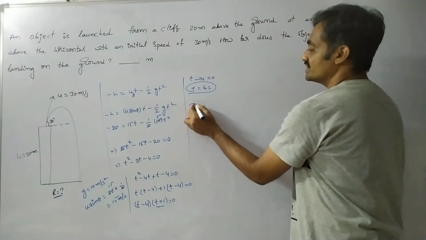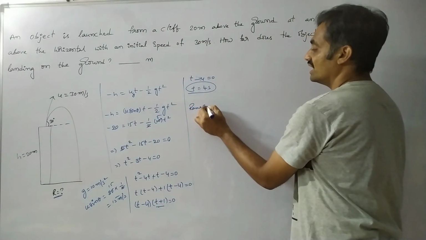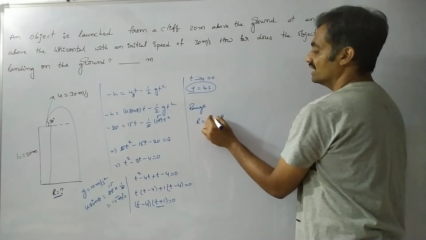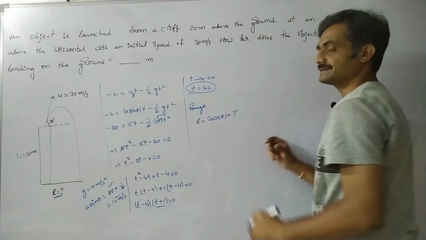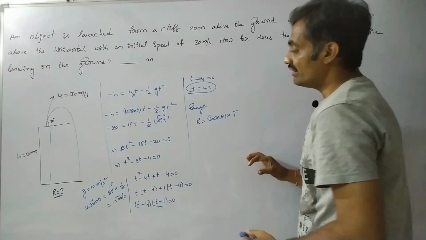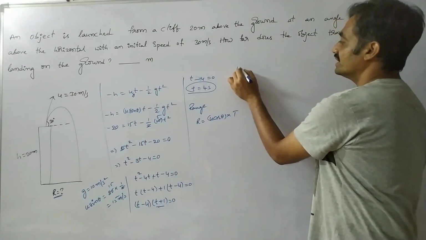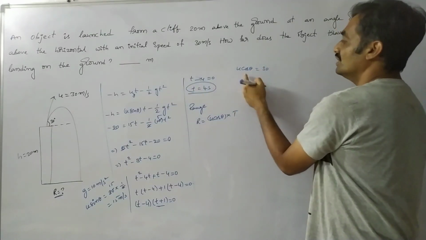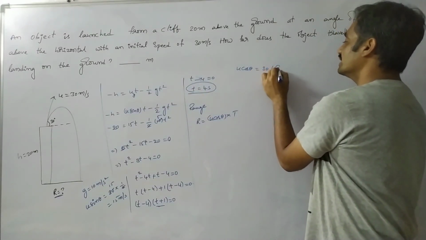Now we have to find the range, where we know that range R is equal to horizontal velocity u cos θ into time of flight. We know that u cos θ is equal to 30 into cos 30, which is root 3 by 2.